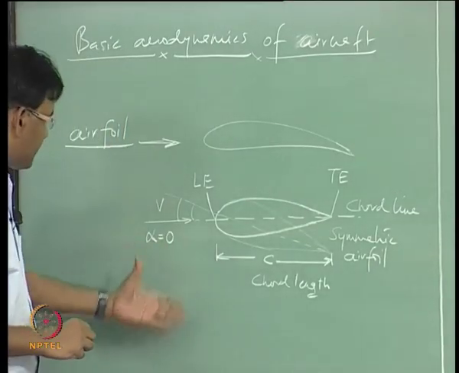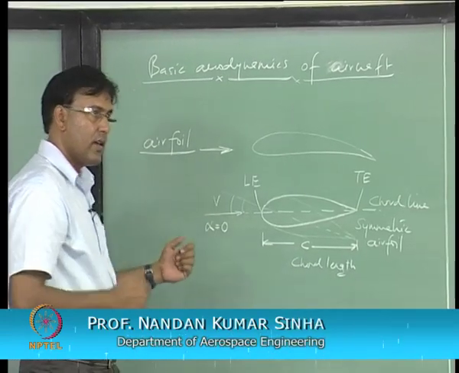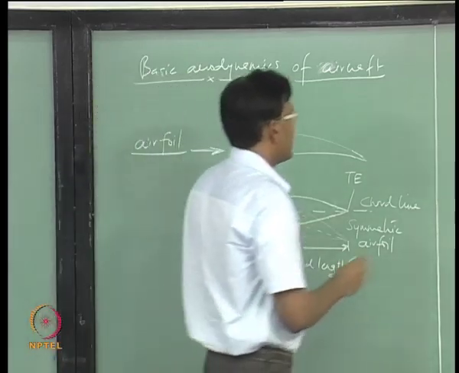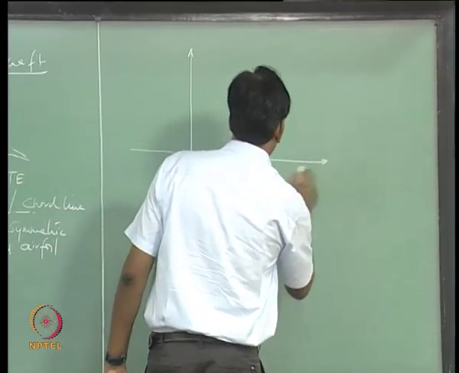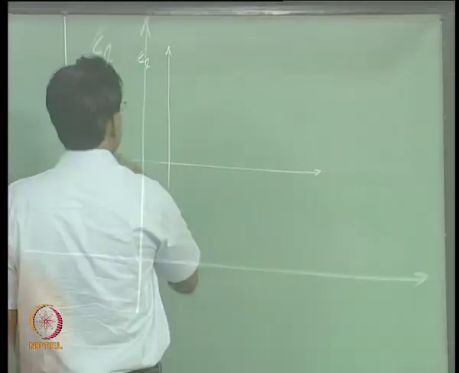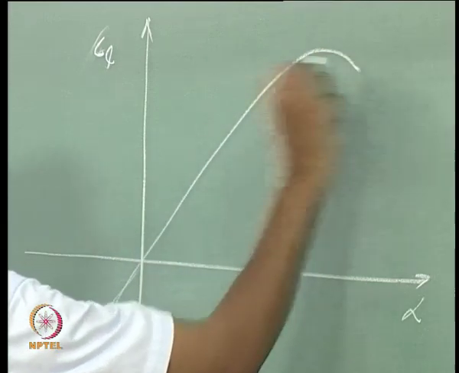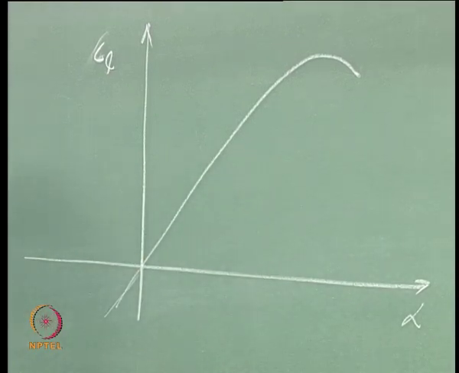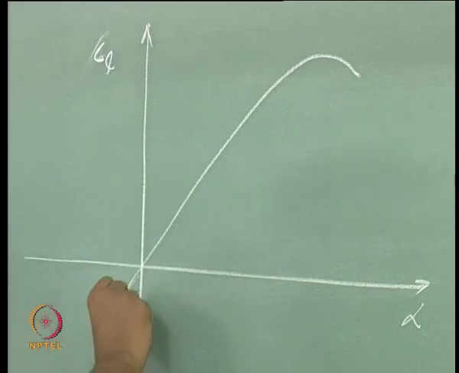And this gives you a lift over the airfoil, which is symmetric in this case, okay, and the profile or the lift curve for this section, which is denoted by this small CL against angle of attack, looks something like this, passing through the origin of the CL versus alpha axis.